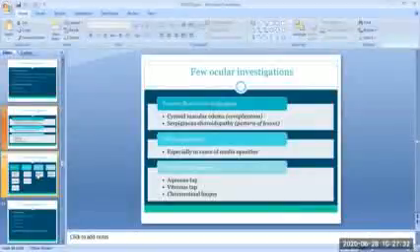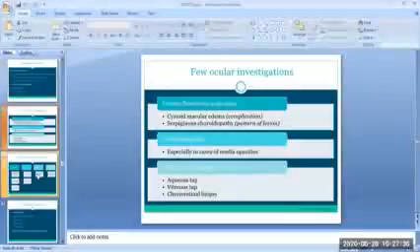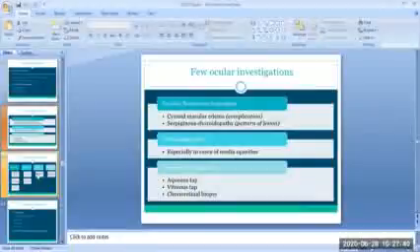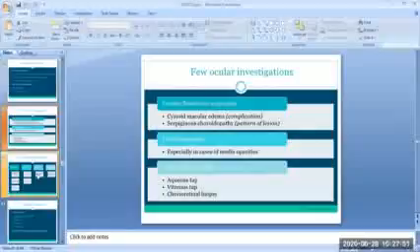The few ocular investigations which can be done are the fundus fluorescein angiogram. In case of cystoid macular edema, if there is a complication, then we should go for the fundus fluorescein angiogram. If there is serpiginous choroidopathy, which is a pattern of lesion, then we should go for the fundus fluorescein angiogram.